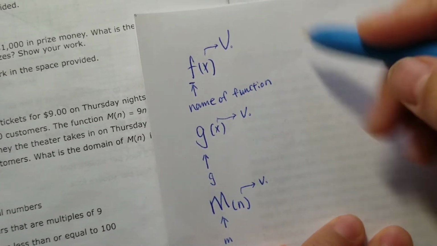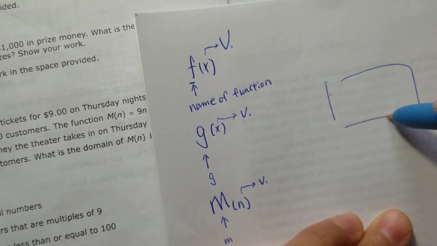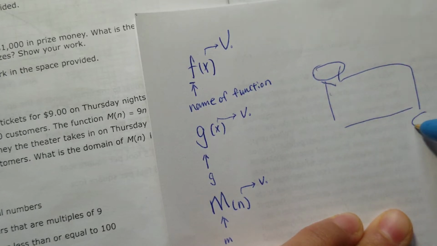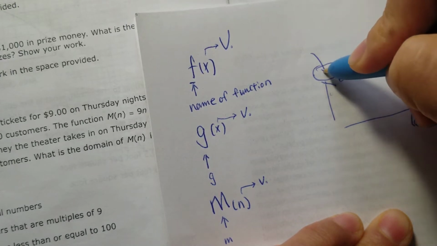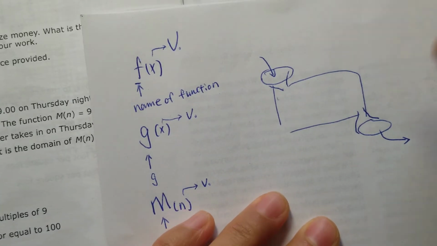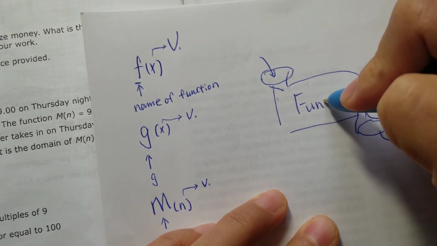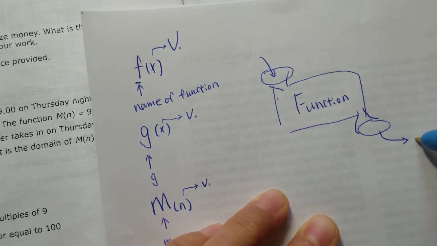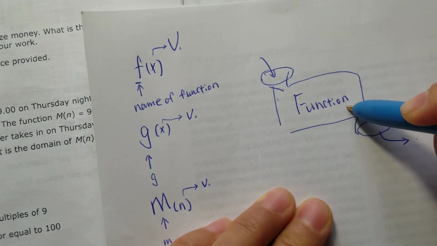Also, I want to recall my function machine. At the beginning of the school year, we talked about a machine, this is my function machine, with input and output. Remember I said if I put milk in, I get ice cream out. That's a function.